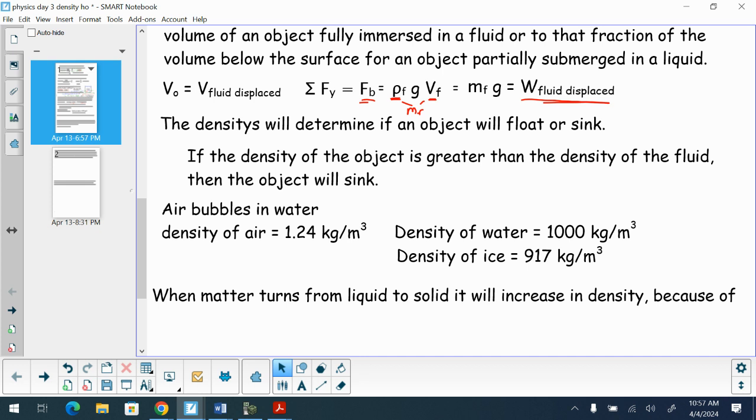When Lake Harmony freezes in the wintertime, whenever it does, sometimes it doesn't, you have this ice out on the lake, and it stays on top of the water. It does not sink to the bottom. Okay? Because ice is less dense than water.